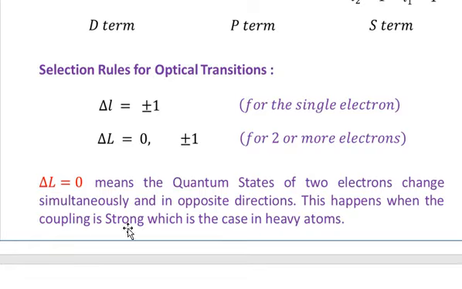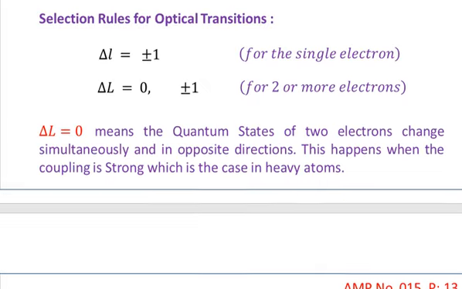So delta L equal to 0 will be applicable to heavy atoms, in which the quantum states of the two electrons change simultaneously and in opposite directions, giving the possibility of the allowed value delta L equal to 0. And this is applicable only for heavy atoms.